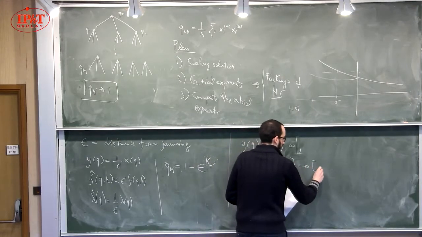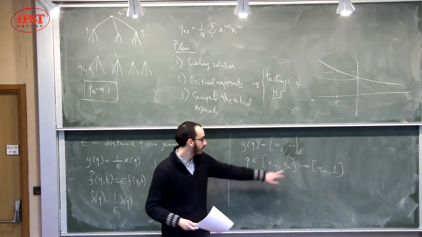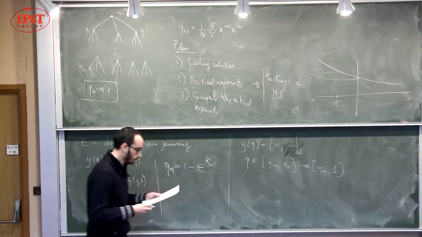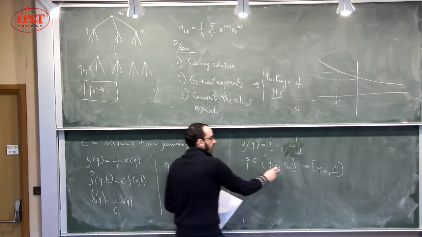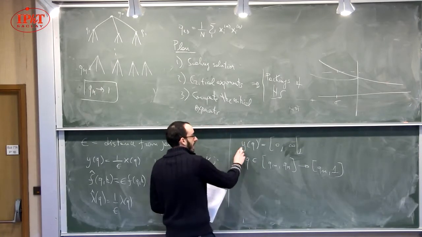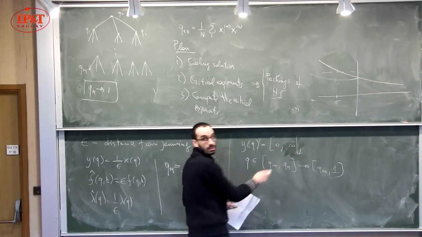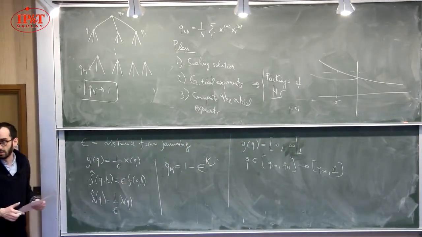Actually q goes in qm, small m, and 1, because qm is going to 1, right? So the scaling solution appears when q goes to 1, so in the regime where q is close to 1. And actually epsilon goes to infinity. So x is really fine. Epsilon is actually large, yes.